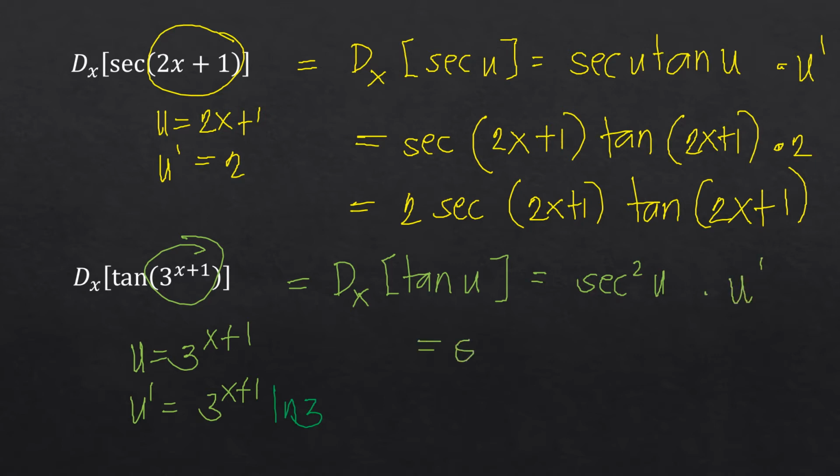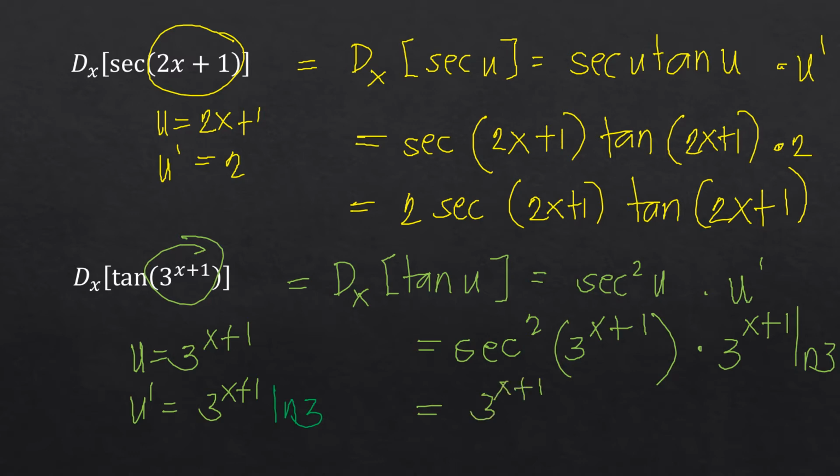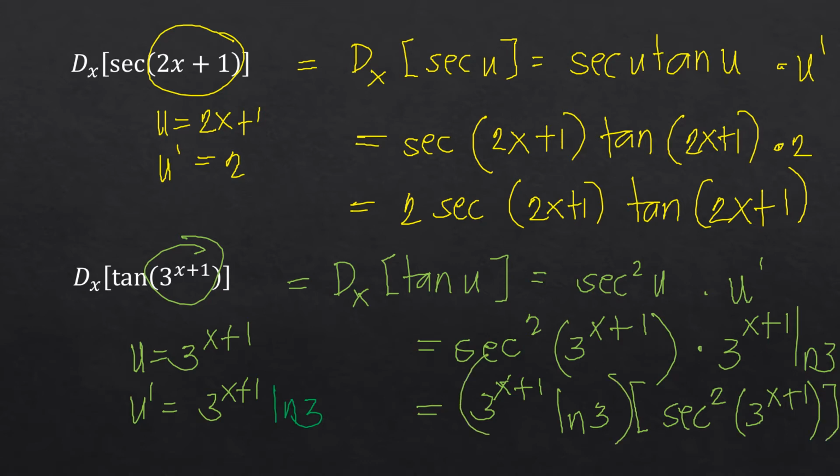So we have secant squared of 3 raised to x plus 1 multiplied by 3 raised to x plus 1 ln of 3. We may enclose this secant squared of 3 raised to x plus 1, or enclose also this. So that is your final answer.